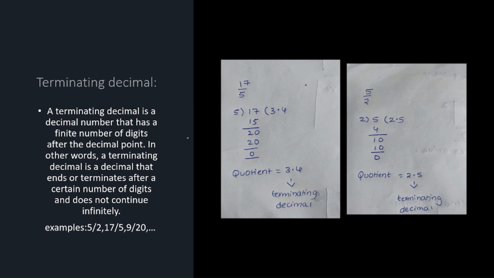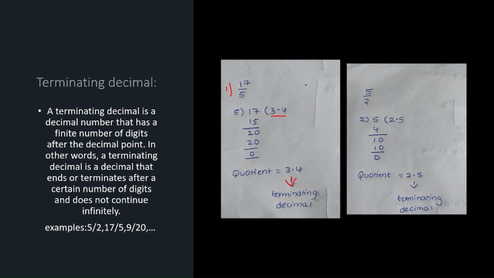Now, terminating decimal. Before going to the definition, we can understand with an example. Here 17 is divided by 5. By performing division we get a quotient of 3.4. If after the decimal there is a countable number of digits, then it is said to be a terminating decimal.